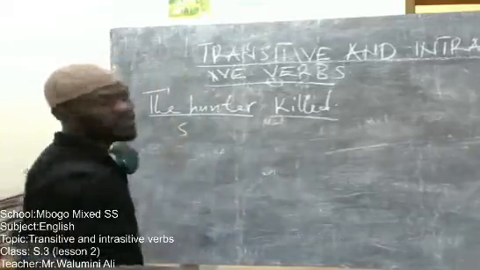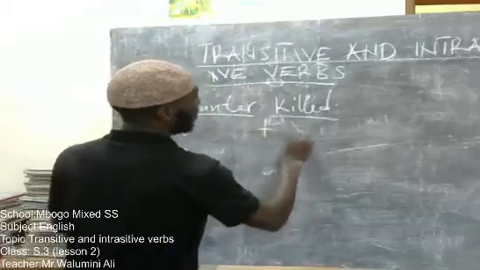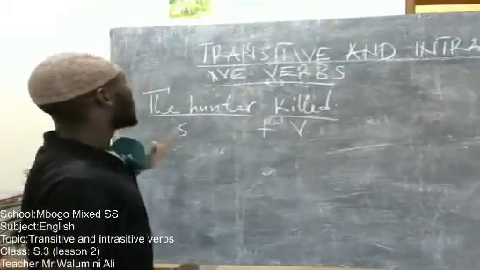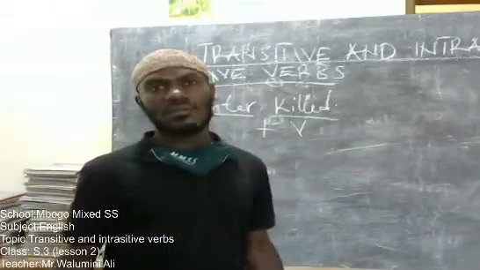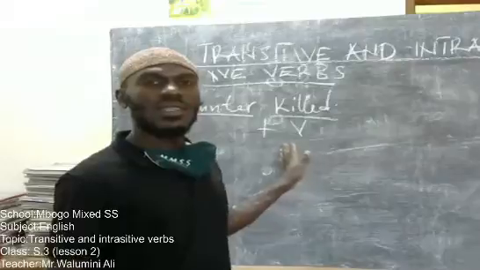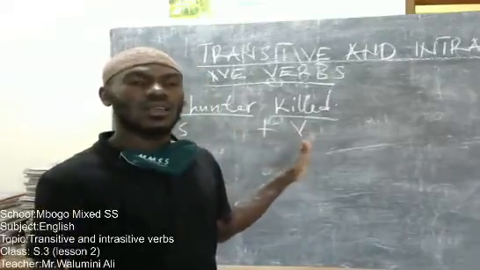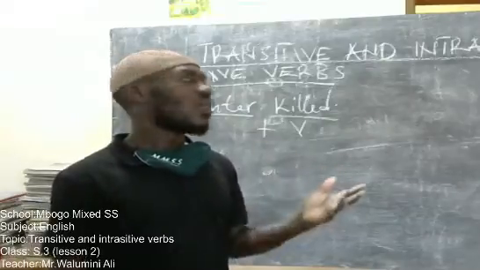See, so here we have our subject being the hunter because he's the doer of the action, plus our verb. Now when someone just says the hunter killed, do you think this statement carries complete meaning? Definitely it is no. Why?